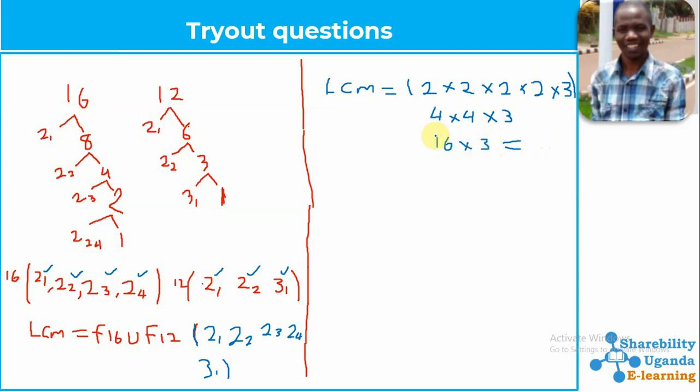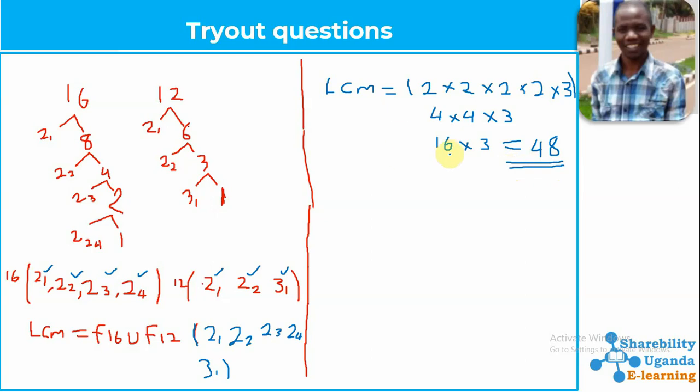This is the same as 3 times 6, which is 18. We write 8, carry 1. Then 3 times 1 is 3, plus 1 we carried, it becomes 48. So now this becomes our lowest common multiple.